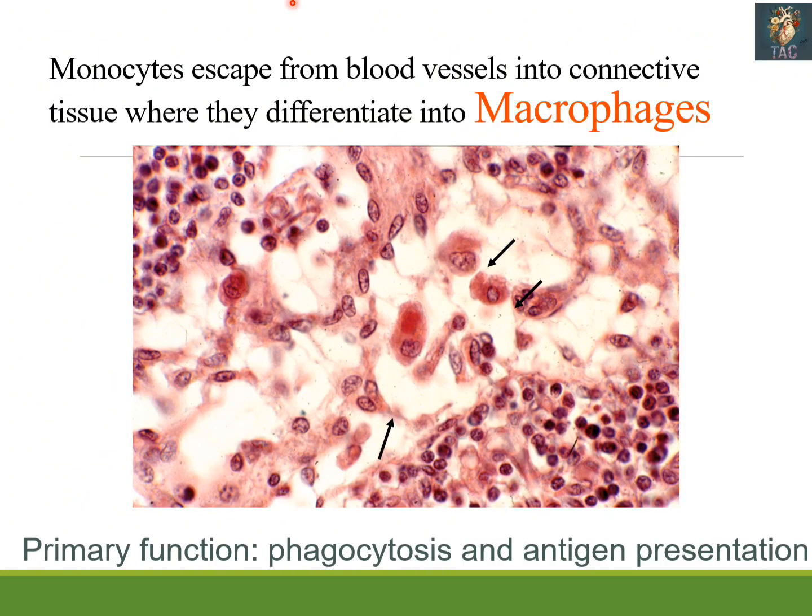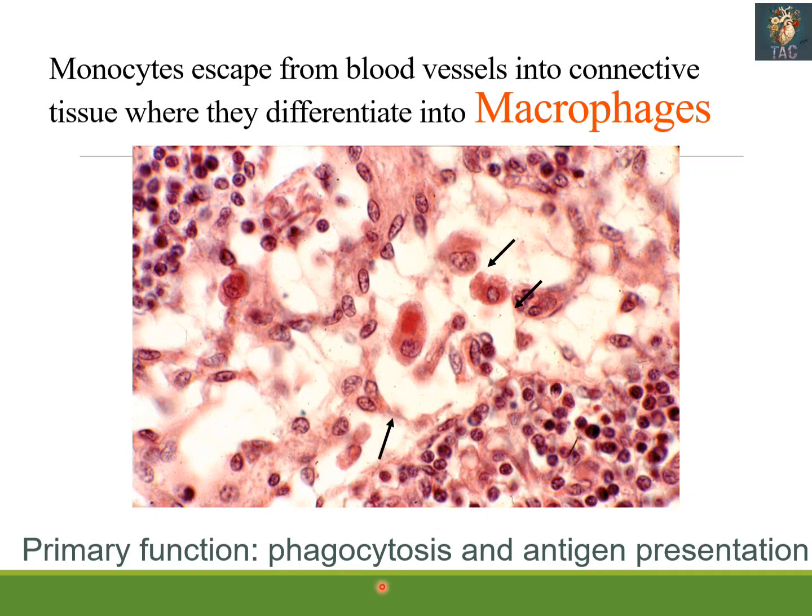The third type of cells present in the connective tissue, among the resident cells, are the macrophages, and these macrophages are derived from monocytes. Monocytes are present in the blood vessels. They escape from the blood vessels, enter into the connective tissue, and then differentiate into macrophages. You can see over here the arrows show a large number of macrophages.